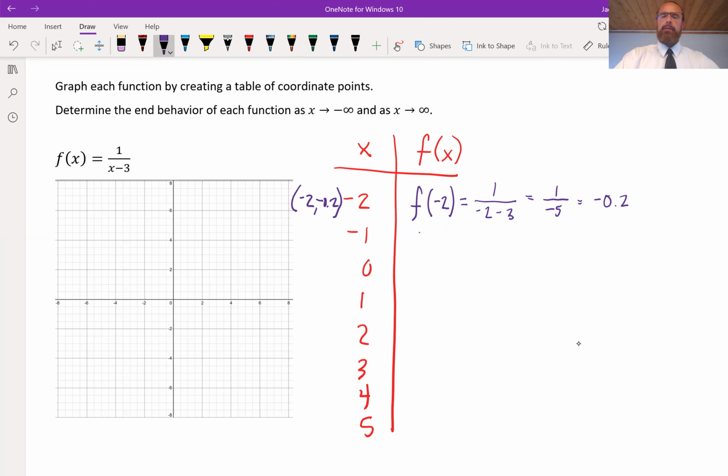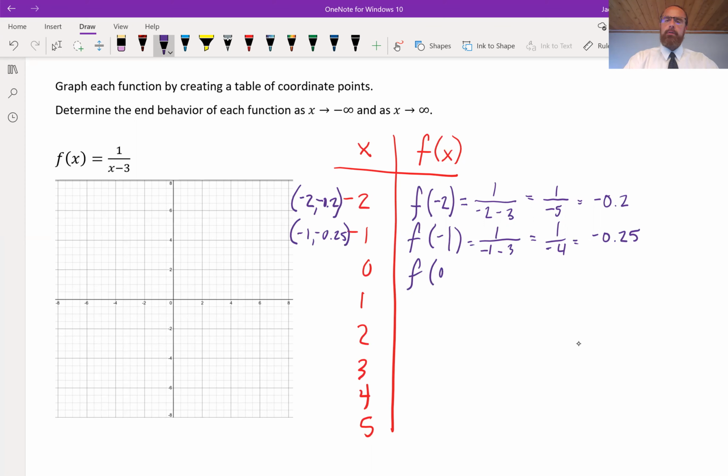We'll keep going, f at -1. Similarly, we'll substitute x with -1, so -1 minus 3 as part of the function rule. And that gives us 1 over -4, or -0.25. There's a second point that we can graph, -1, comma, -0.25.